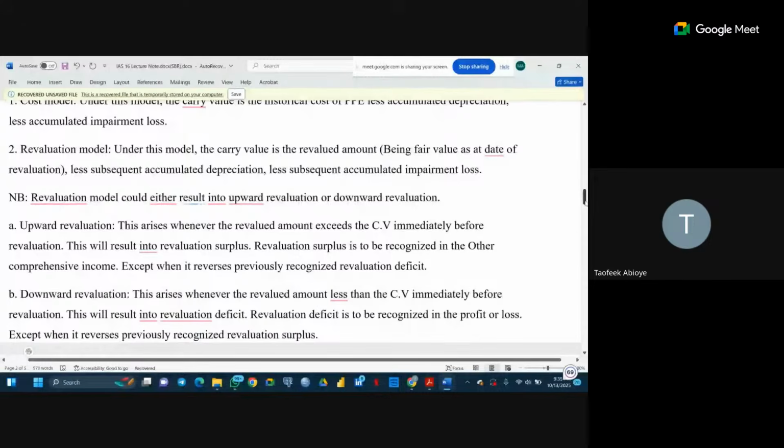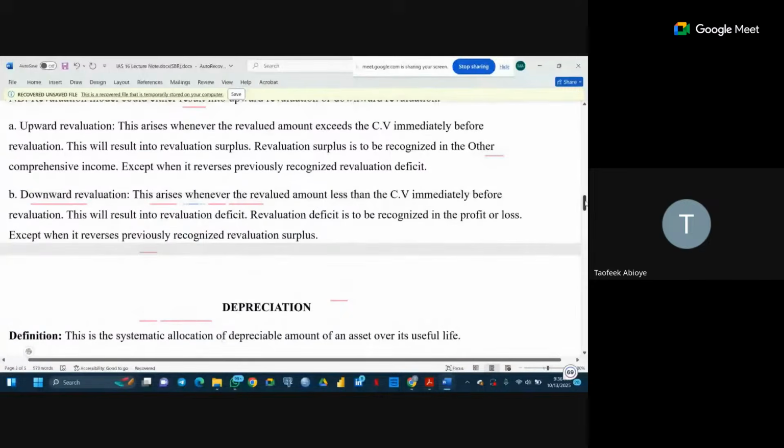So if we are using the revaluation model, we can have cases of revaluation surplus, while there is also downward revaluation, which is the revaluation deficit. This is a situation whereby the revalued amount is lesser than the carrying value. We recognize our revaluation deficit in profit or loss, except when it reverses a previously recognized revaluation surplus that we recognized in other comprehensive income.